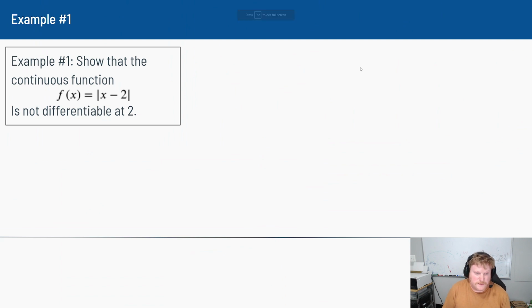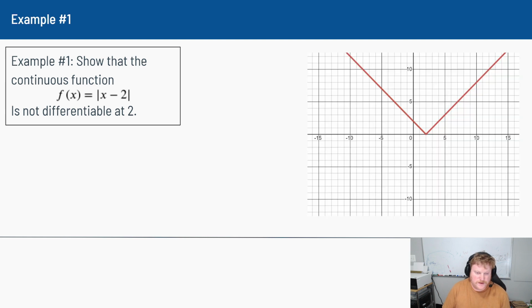So let's look at an example. We want to show that the continuous function, the absolute value of x minus 2, is not differentiable at 2. To do that, one of the things we can do is examine the graph. What we will discover in this example is that places where there are sharp points on graphs are not differentiable.